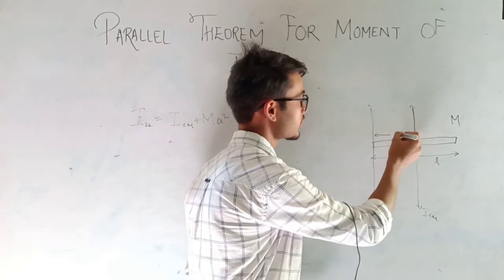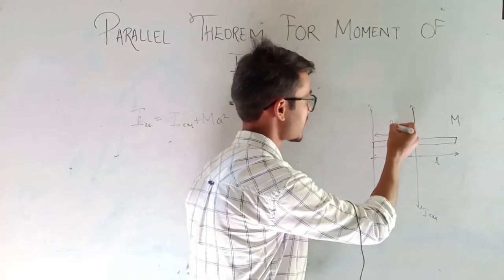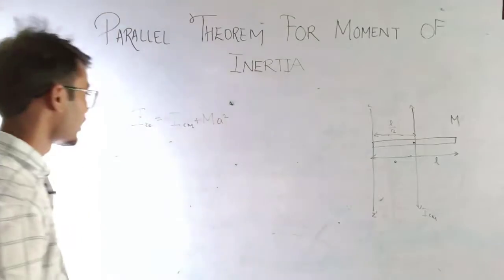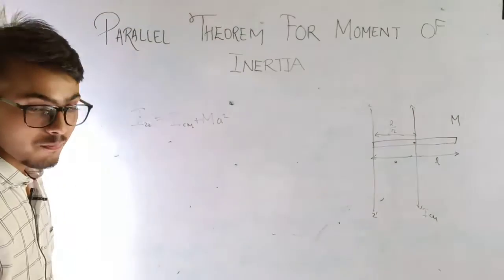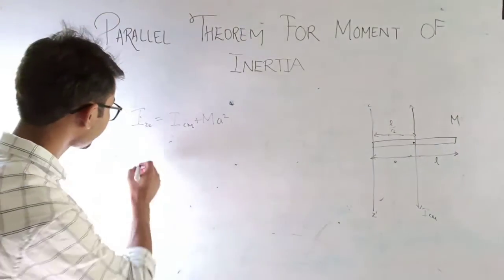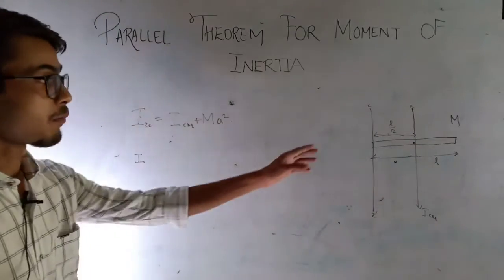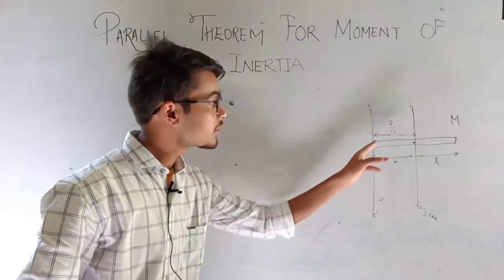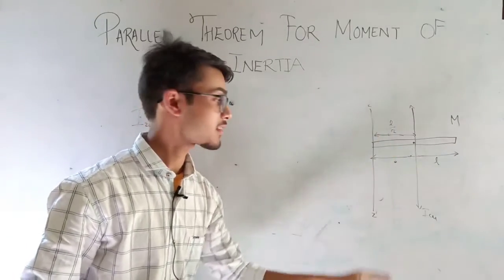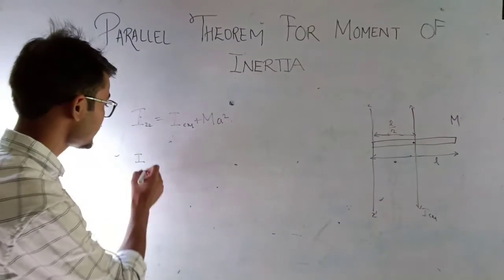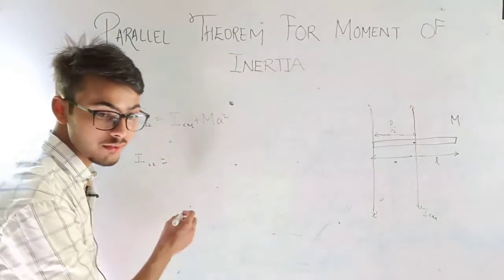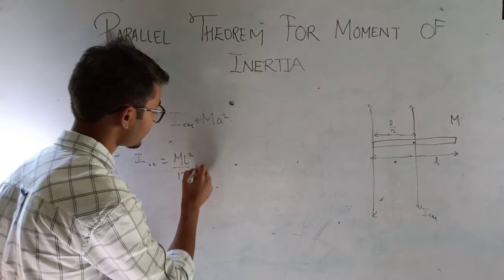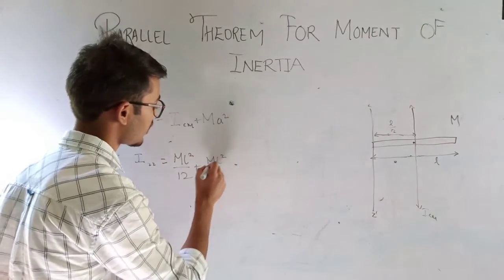Now what is this length? The whole length is L, so this becomes L by 2. As we know, for a rod with mass m, length L, and the distance between the two axes L by 2, we have IZZ equals m L square by 12 plus m L square by 4.